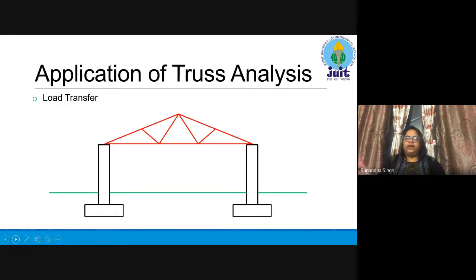Our ultimate aim is to move the load that is being applied on this truss to the ground. So the load transfers through the column, then to the foundations, and then to the soil. And the soil bears that load.